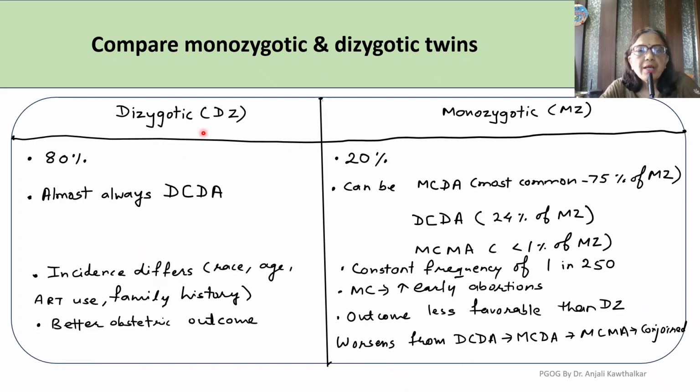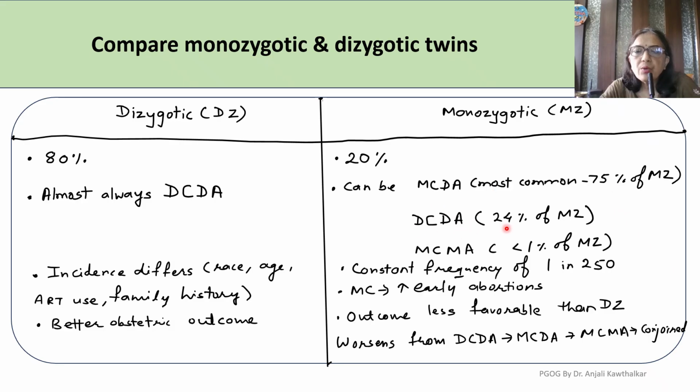If we compare dizygotic with monozygotic pregnancy, 80% of twin pregnancies are dizygotic and 20% are monozygotic. Dizygotic is almost always a dichorionic diamniotic type of pregnancy, whereas monozygotic can be monochorionic diamniotic, which is most common. 75% of monozygotic are monochorionic diamniotic.